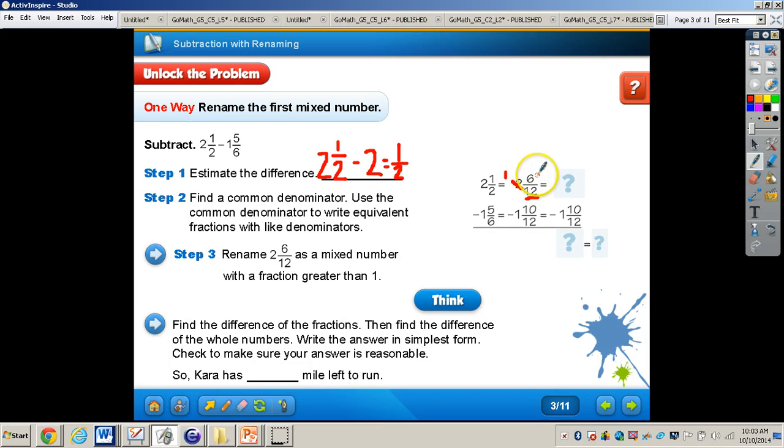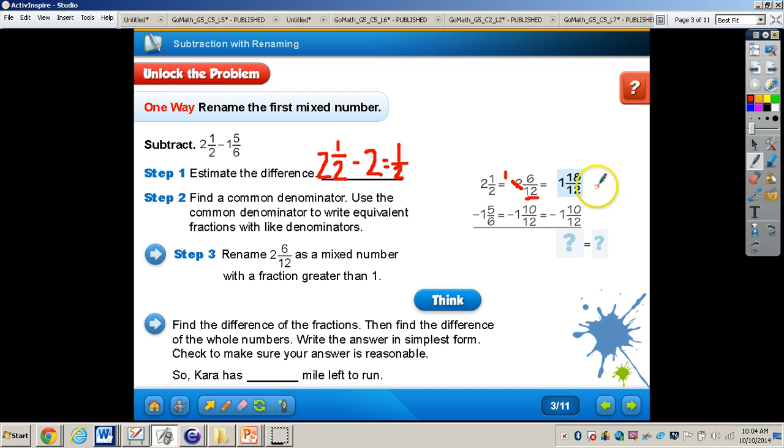So we are adding 12/12 to the 6/12, which gives us 1, that whole number stays the same, 1 18/12. You can see I added 12 to that 6, giving me 18. The denominator stays the same for 1 18/12.